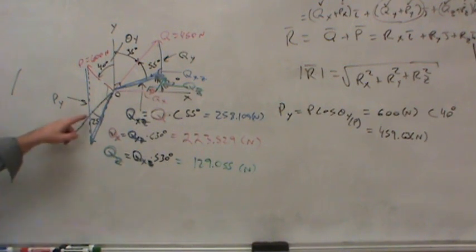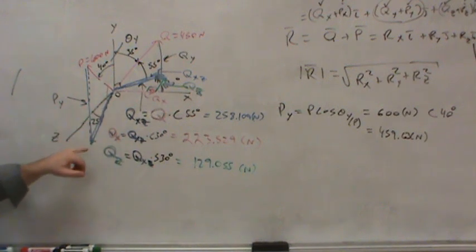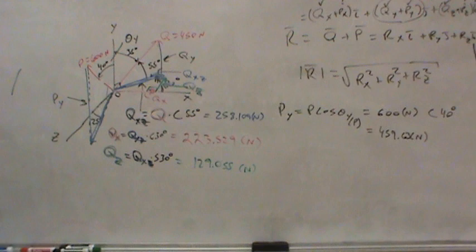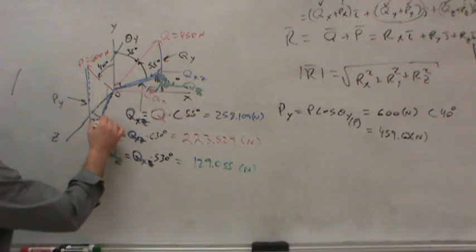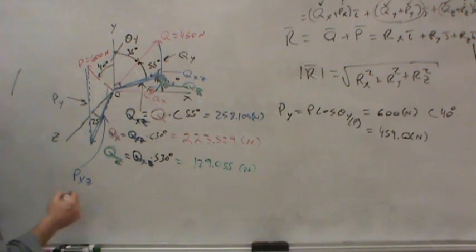There's 25 degrees. We need to find the magnitude of that. Oh, you want the magnitude of this projection? Good. What would you call this projection based on what I've called the other? PXZ, PZX, whatever. Yep. So I would call this projection PXZ because that's the projection of P in the XZ plane again.